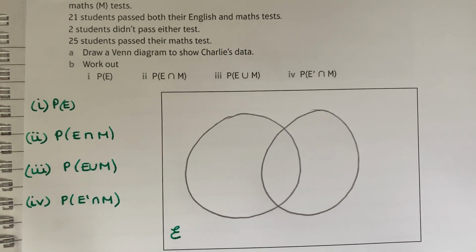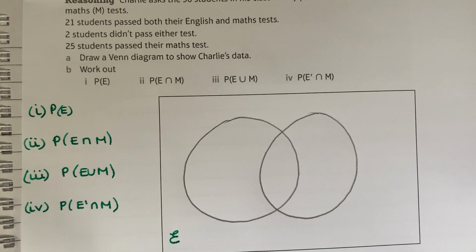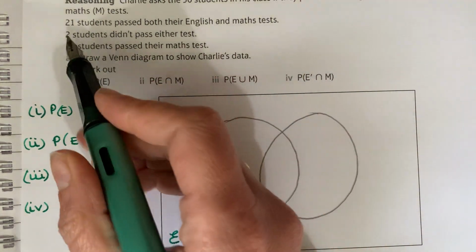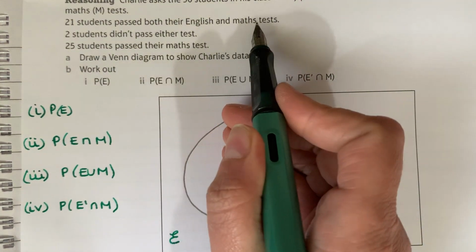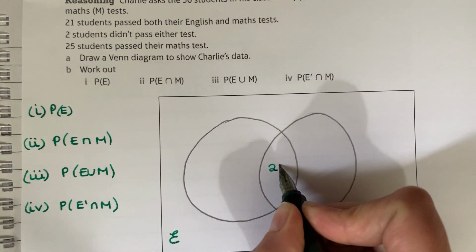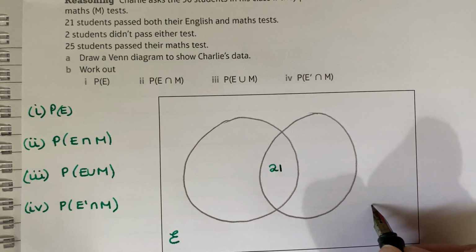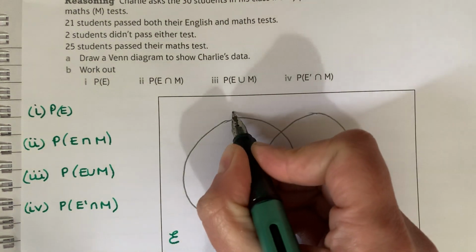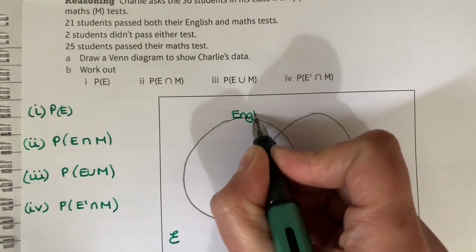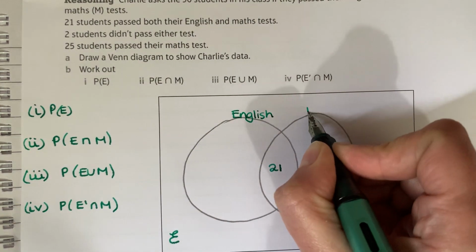Now, we know that there's 30 altogether. We're told that 21 pass their English and maths, so 21 are going to go in the middle. 2 of them passed neither, so I'm going to put 2 here. Okay, I forgot to label them English and maths.